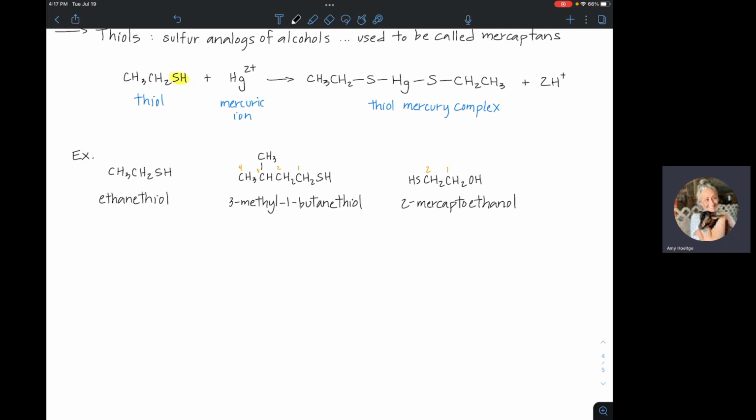Pretty much anything with an oxygen is going to have a higher oxidation state for the carbon, so it takes priority. It's a general rule for how we prioritize our functional groups if you've got one molecule with a bunch of different pieces of functionality on it. Whichever one is more oxidizable or more oxidized will take priority. So your alcohol will take priority over the thiol. In this case, we'll name the molecule for the alcohol.